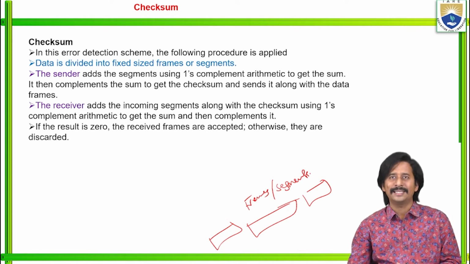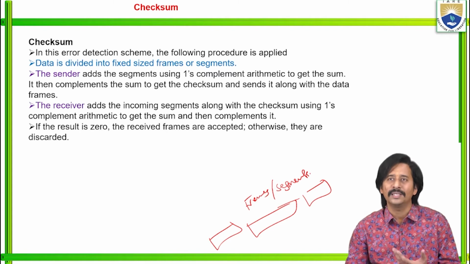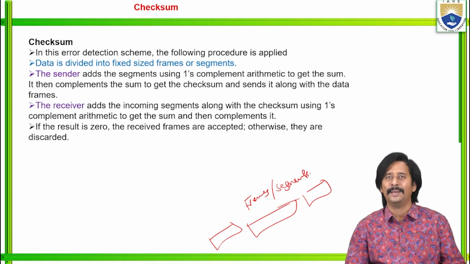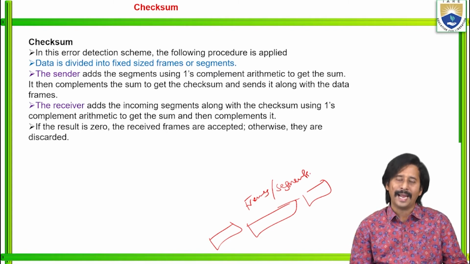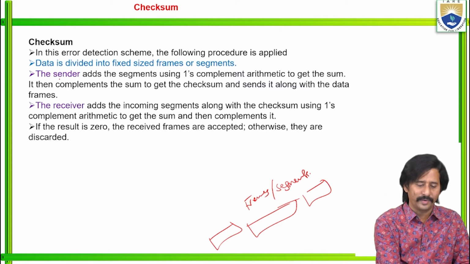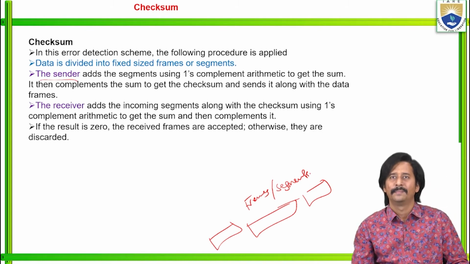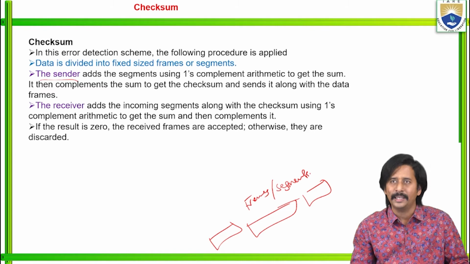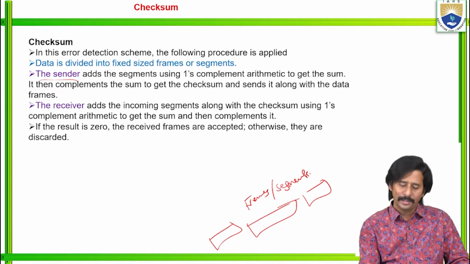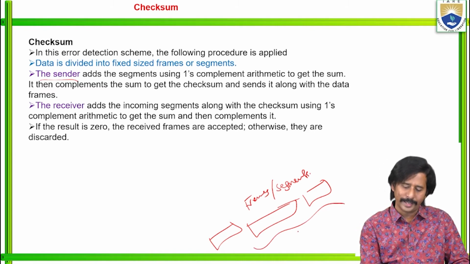Then the sender adds the segments using 1's complement arithmetic to get the sum. This is very important because here we need to concentrate on the sender as well as the receiver. So this is my overall data.